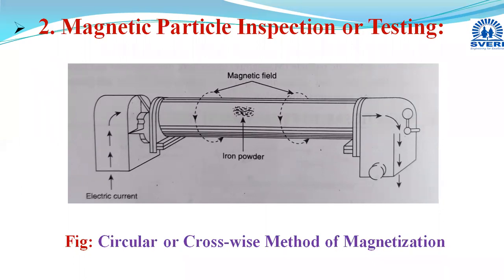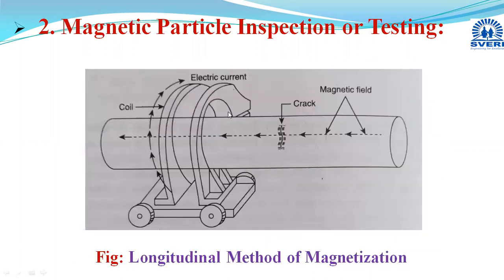All flaws cannot be detected in one condition. Suppose this is the specimen, and this is a lengthwise or longitudinal crack. To detect this, a circular or crosswise magnetic field is required. Suppose a transverse crack is there like this.